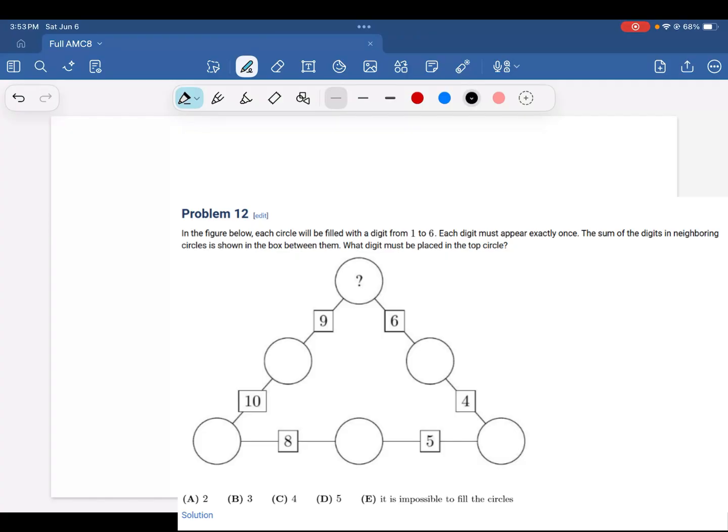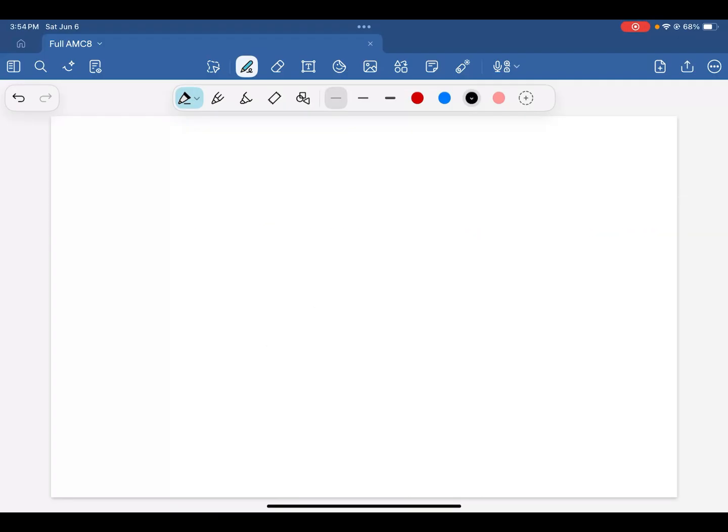So we see that the max sum of any of these numbers can be 5 plus 6, which is 11. So any of these numbers in the squares has a maximum of 11. And we see a 10 there.